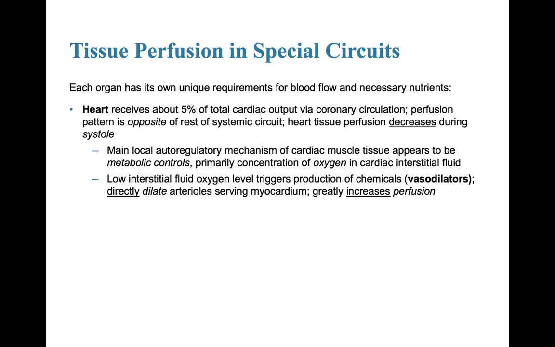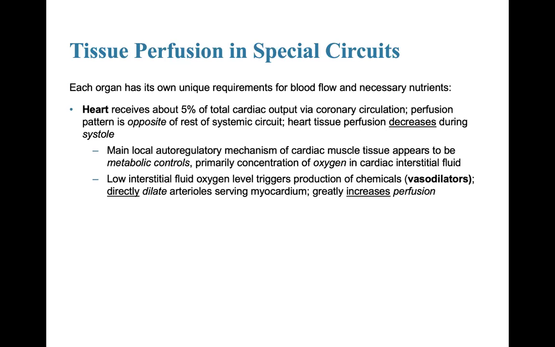Each organ has its own unique requirements for blood flow and necessary nutrients. And let's look at these. The heart receives about 5% of the cardiac output via coronary circulation. The perfusion pattern is opposite the rest of the systemic circuit. Heart tissue perfusion decreases during systole.